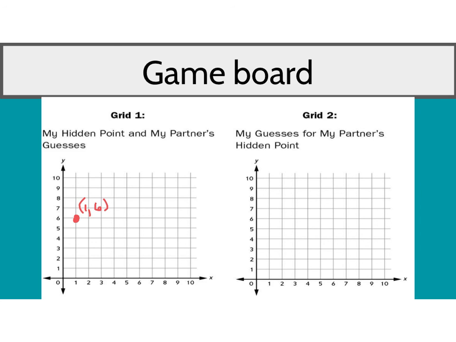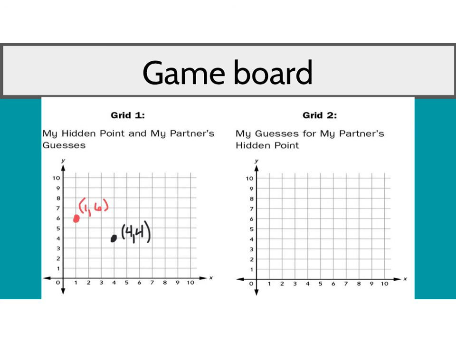So then my partner is going to guess where my spot is on my grid. So let's say that they guess 4, 4. So you would place a dot here. You would write 4, 4. And then you would tell them how many units away it is.